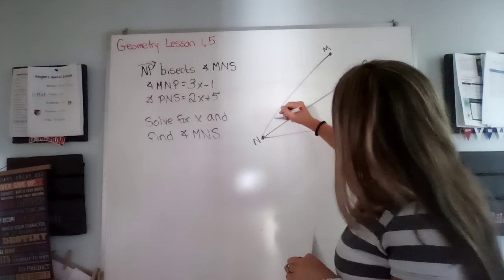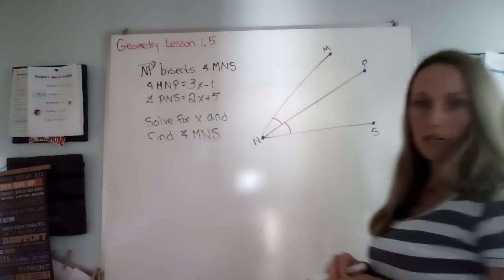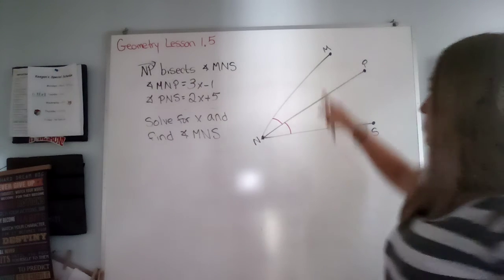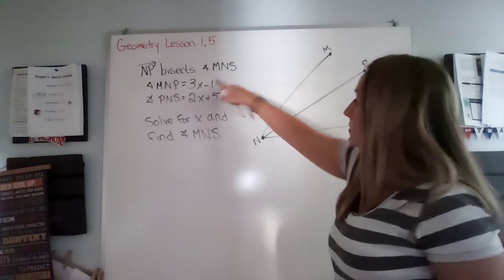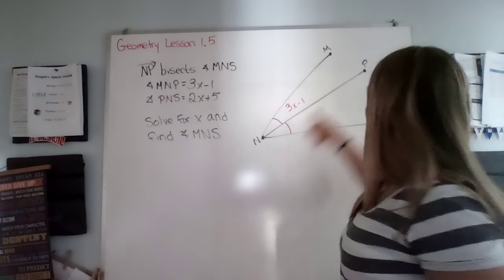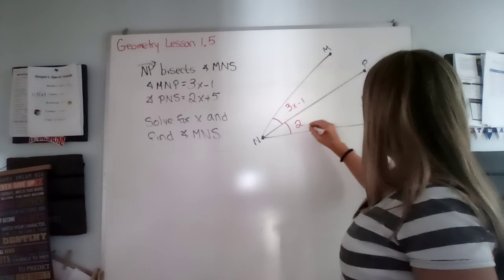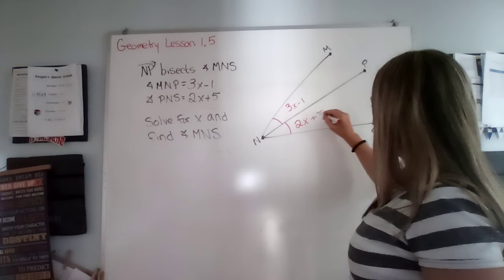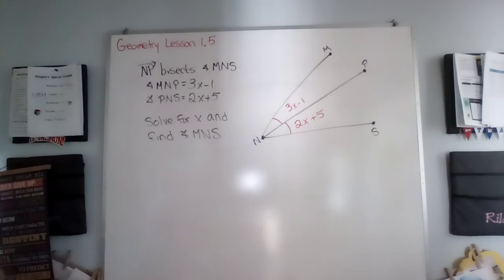So I would mark this one congruent to that one by using the same arcs, okay? Then I'm told that MNP is being represented by the expression 3x minus 1, and that PNS is being represented by 2x plus 5. All right. Then I'm asked to solve for x and then find the measure of the big angle.